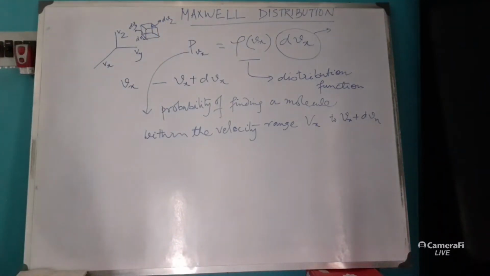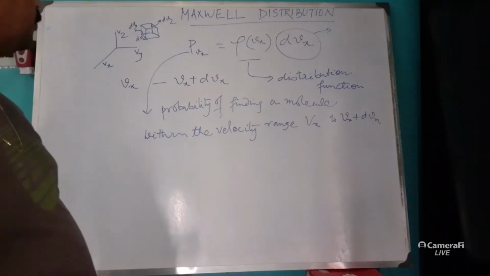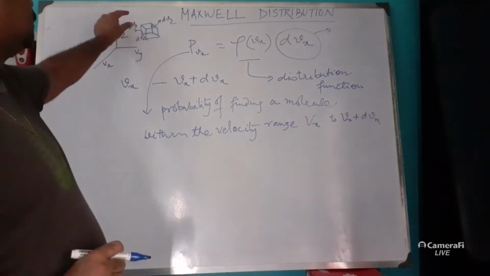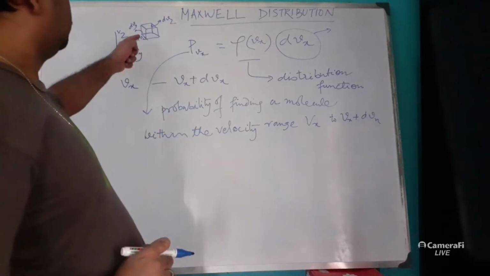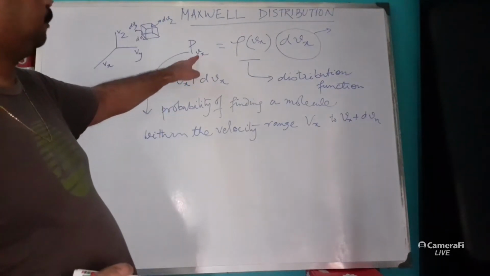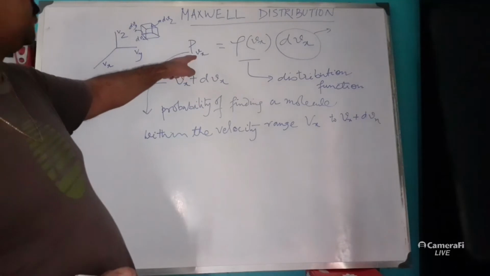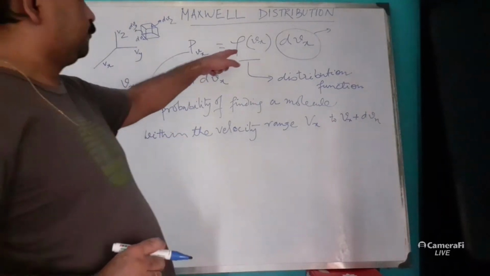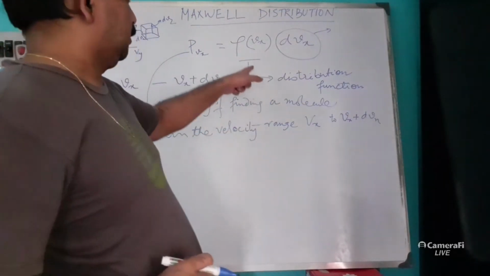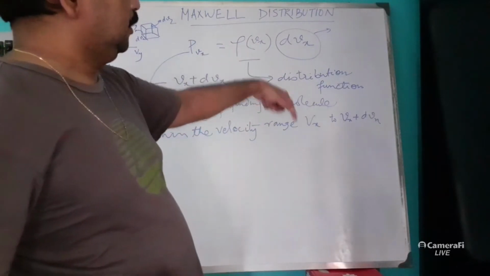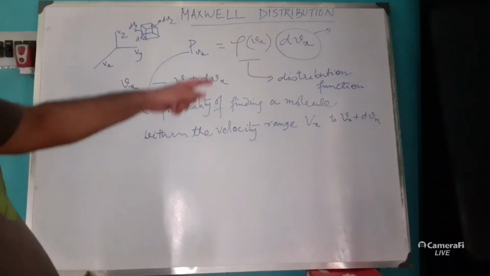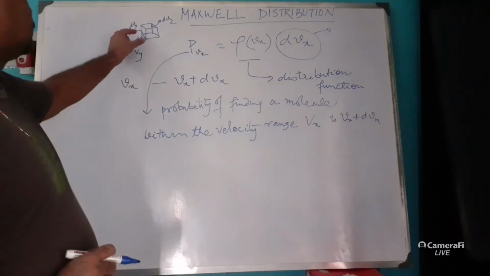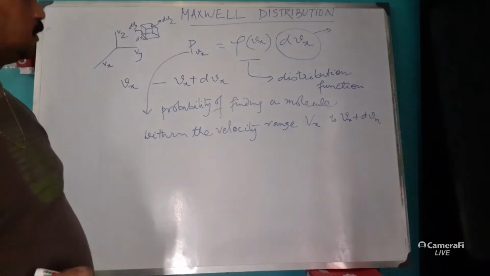So your velocity component is considered within this elementary box, and the probability of finding the particle within this Vx, so obviously we are talking about the velocity component in the x direction, will be phi(vx) dvx, where phi(vx) is the distribution function, and dvx is the elementary velocity component along the x direction.